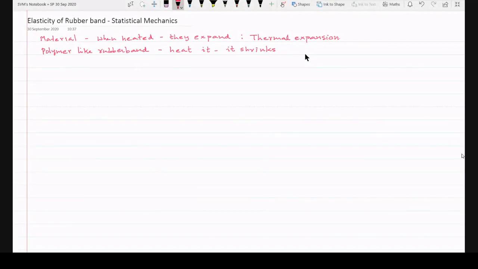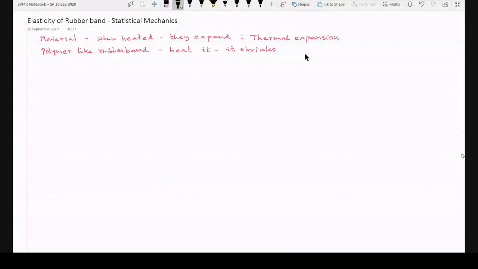You have to increase the temperature, which you can do by putting it in some hot water, or you can use a hair dryer to increase the temperature of the rubber band by blowing hot air onto it. If one is interested in doing an experiment, these are the ways to do it. Now let us try to understand why this happens.